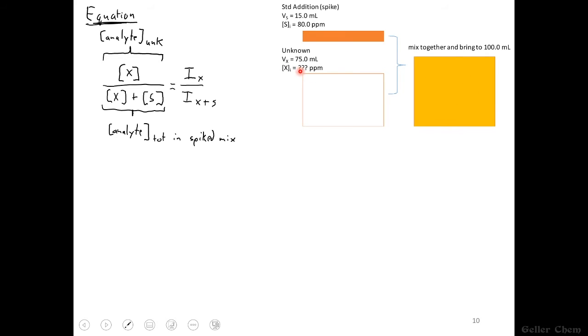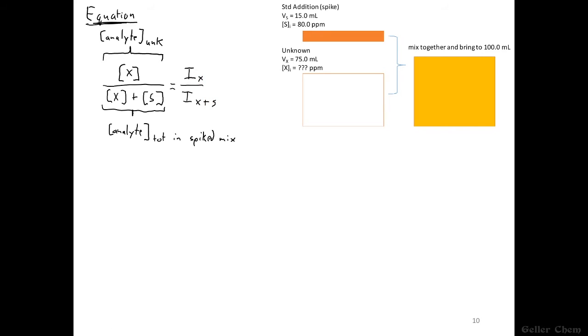Whatever this unknown concentration is, it's also going to be smaller in this larger volume solution. However, while each individual concentration may be diluted, as the two combine, we'll have a larger concentration of analyte total than ever before. So the intensity in turn will be larger than when the unknown is by itself.